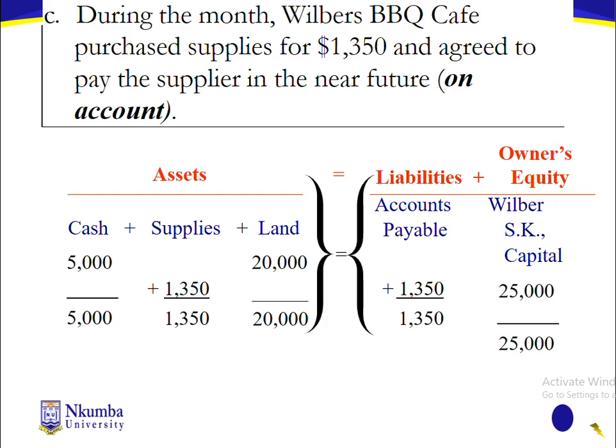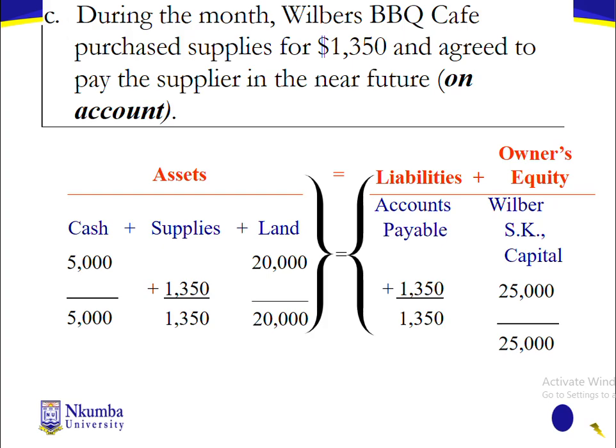Wherever we say that we are going to pay in the future, and we have acquired those supplies, it means we have acquired those goods on credit, and therefore we have a liability. So in accounting language, we have what we call accounts payable. Accounts payable is an account on which all goods purchased on credit are recorded.